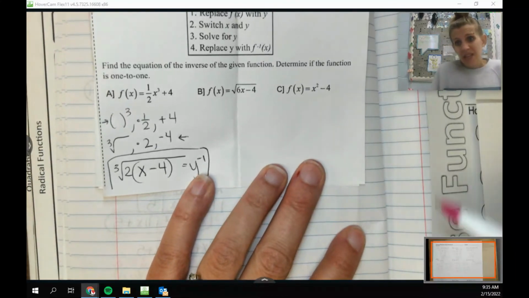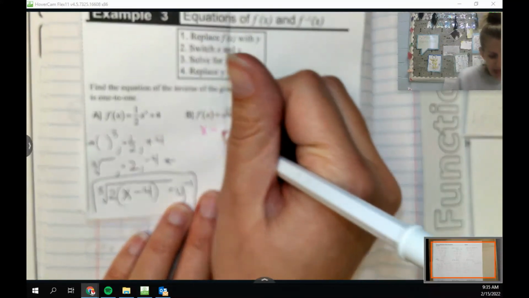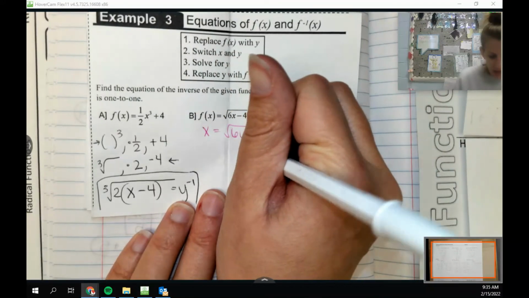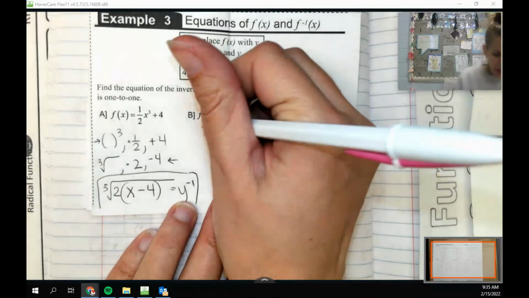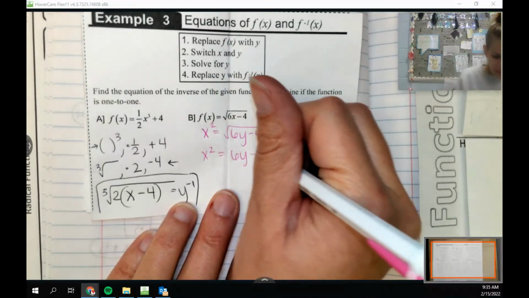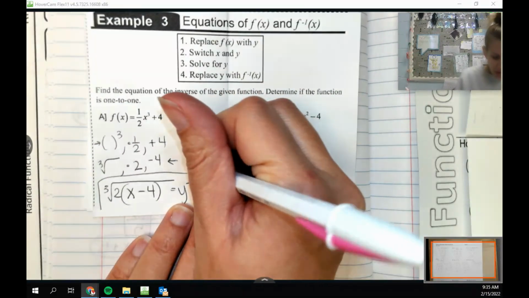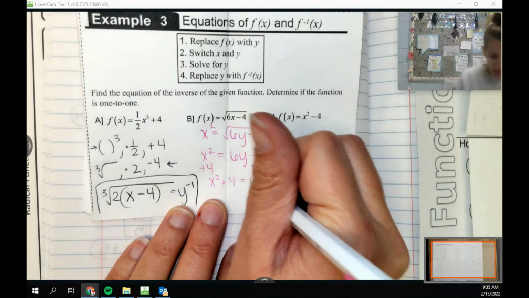The other way to do it is to swap our x and y. So right now this is y, we're going to call it x instead. And then we just solve for y, get y by itself. So I'd have to square both sides. Add 4. So x squared plus 4 equals 6y.